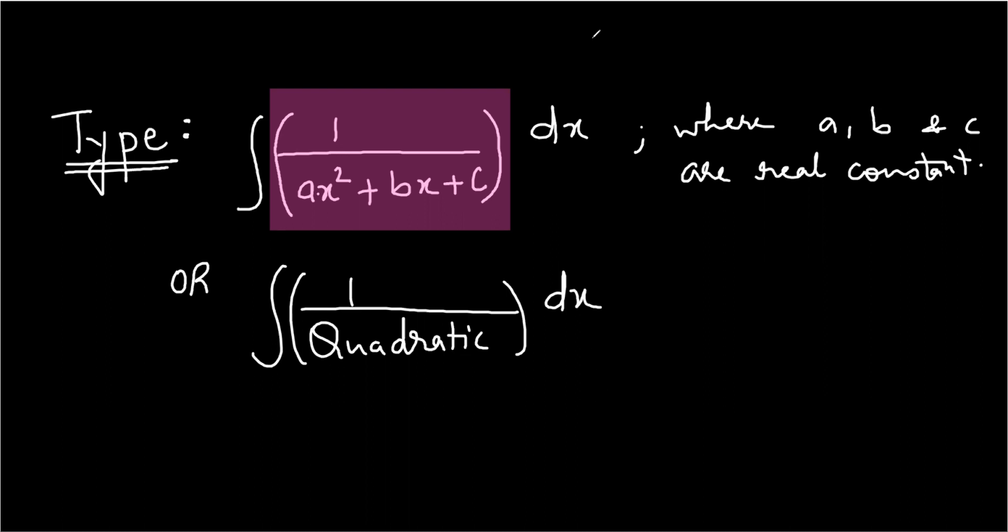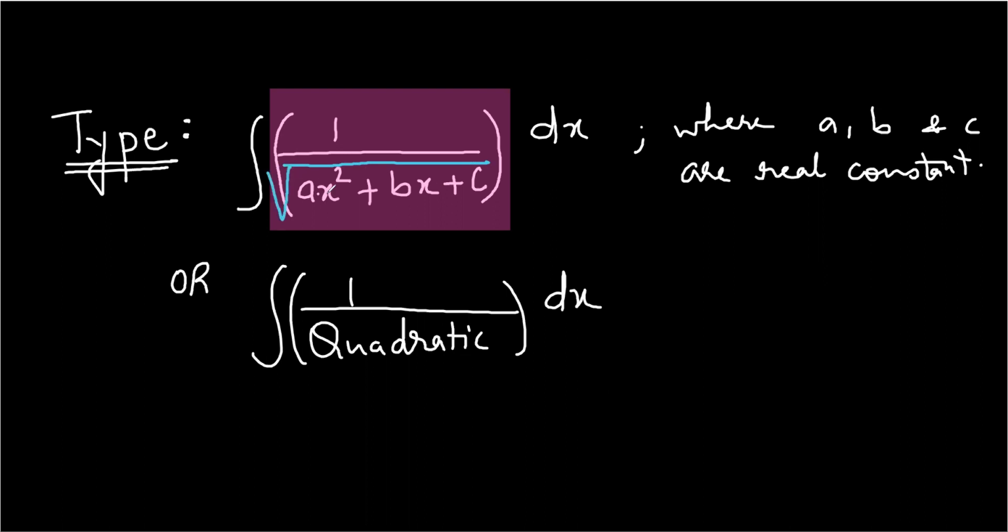After this, students, the next type that we are going to take is 1 upon root quadratic. So the next type is with a small change. And what is the change? The change is that you have a square root in the denominator.